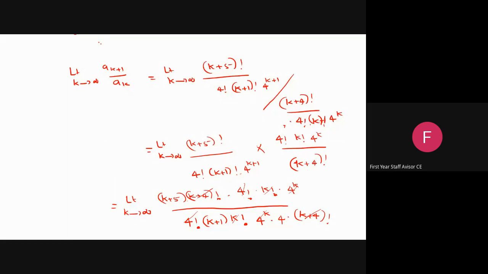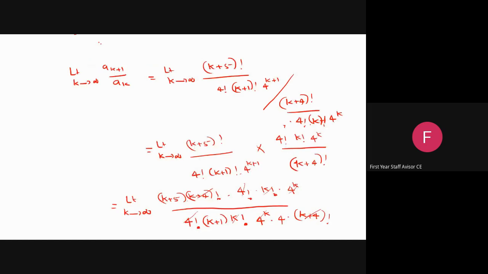The remainder is (k plus 5) divided by 4 into (k plus 1).